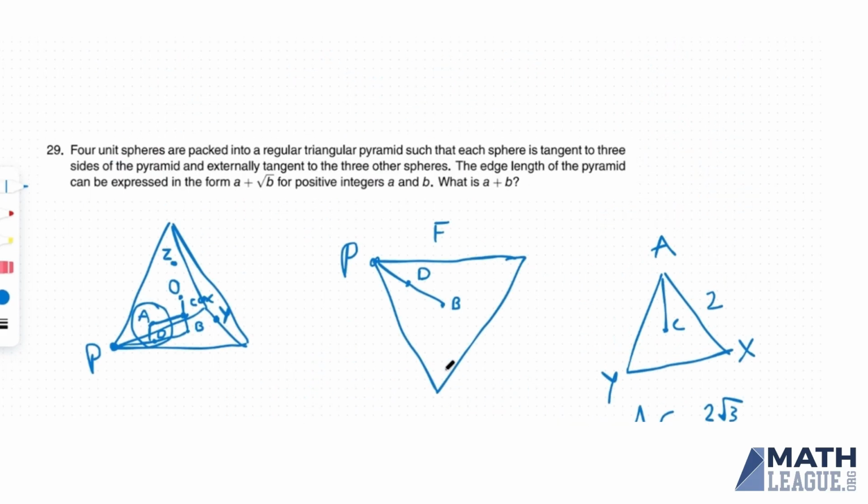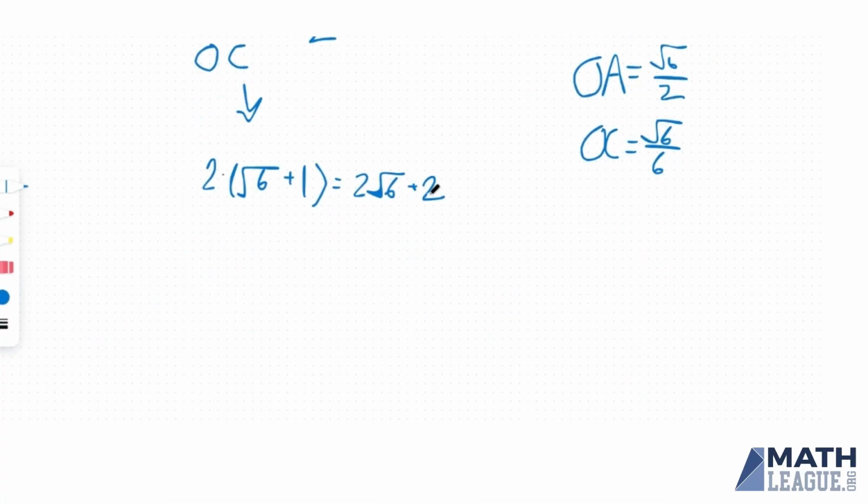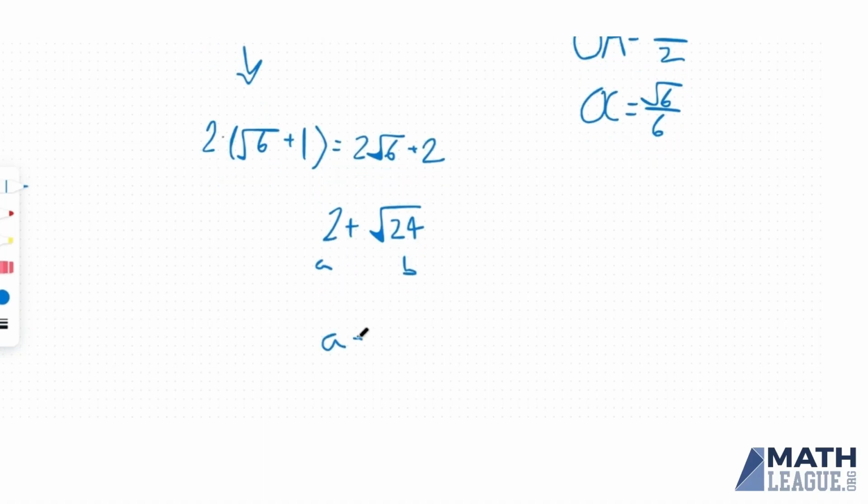And recall that our question asked us to express the edge length of the pyramid in the form a plus root b for positive integers a and b. So converting our answer into this form, we find that the edge length is 2 plus the square root of 24. So a is 2, b is 24, and a plus b equals 26, which is our answer.